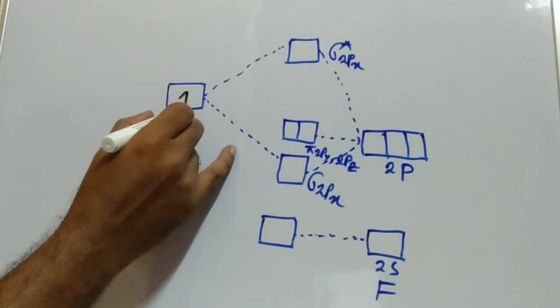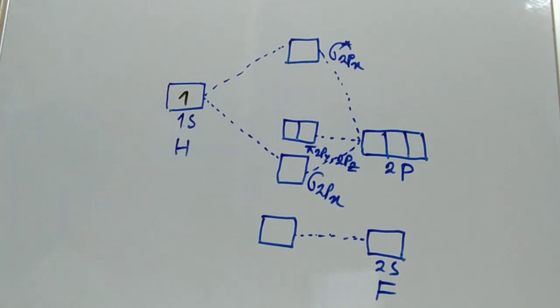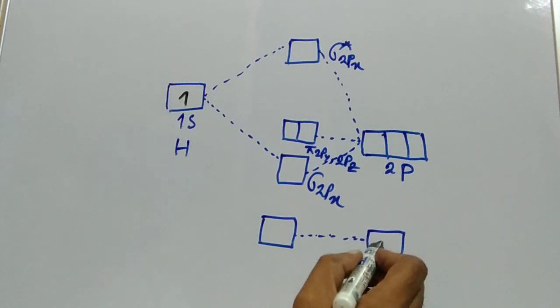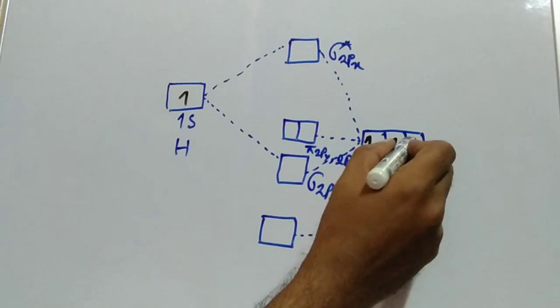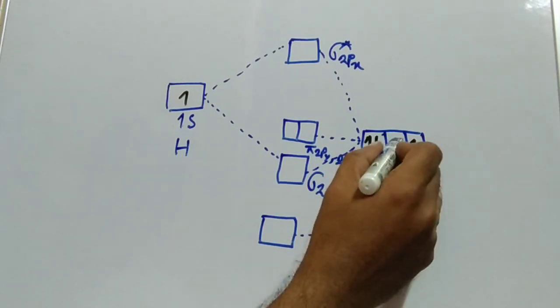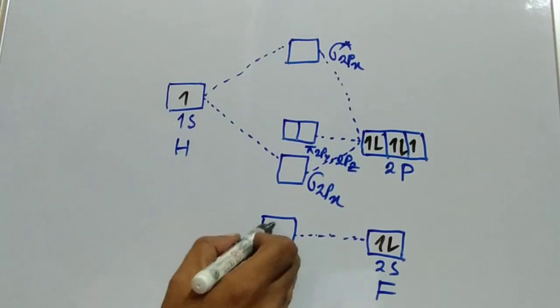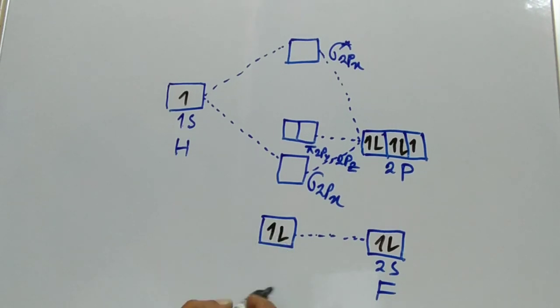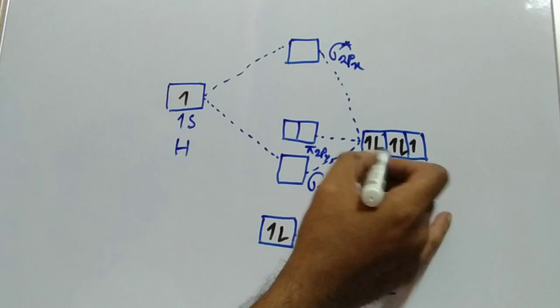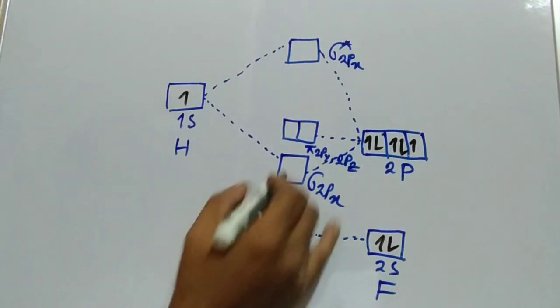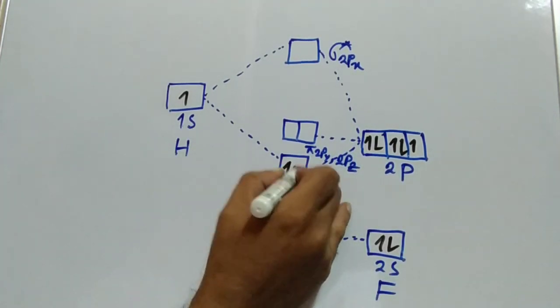Thus, the only effective overlap is with the fluorine 2px orbital. The combination of hydrogen 1s1 and fluorine 2px1 gives both bonding and antibonding orbitals, and the two electrons occupy the bonding molecular orbital, leaving the antibonding molecular orbital empty.